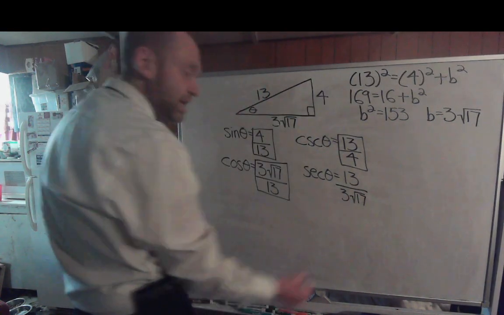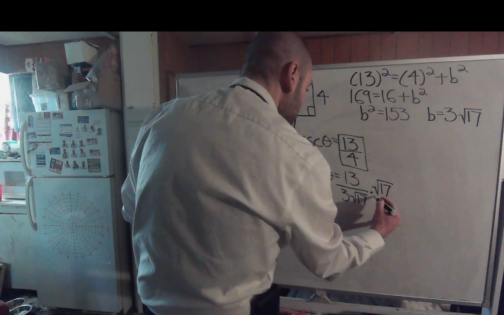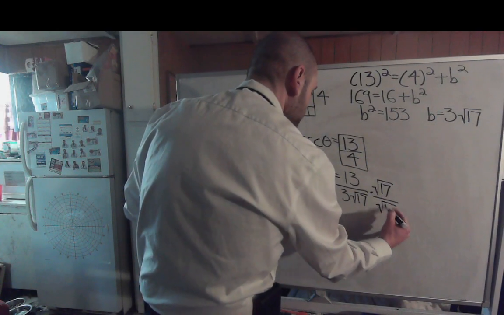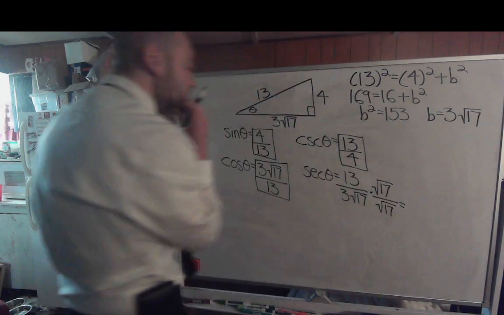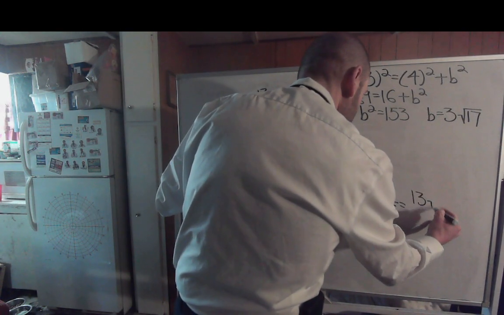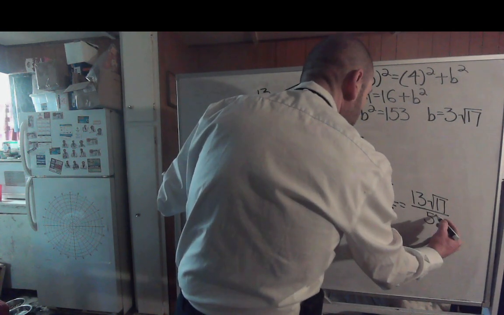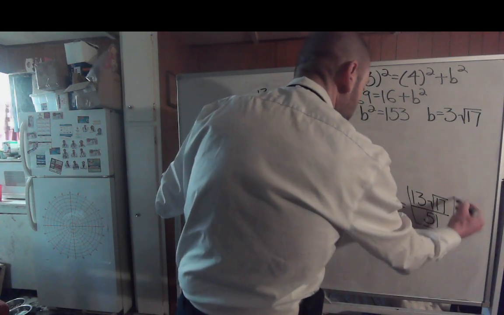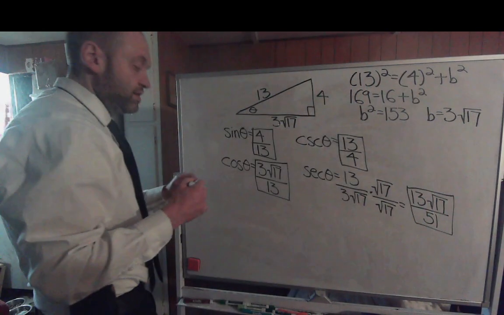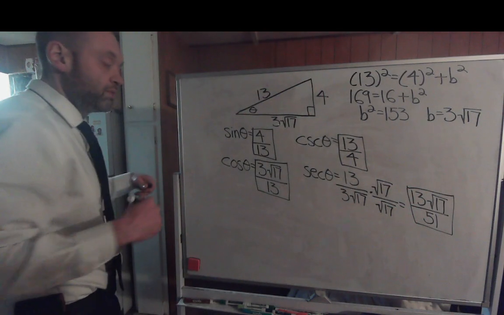Now rationalize your denominator, so take times the square root of 17 all over the square root of 17. You'll end up with 13 times the square root of 17 all over 51, and it doesn't factor any further. So your secant of theta would be 13 times the square root of 17 all over 51.